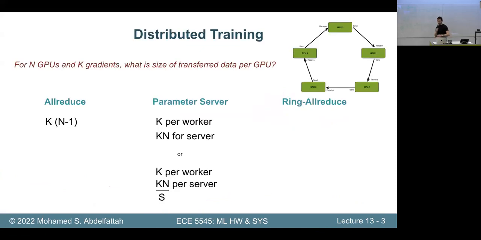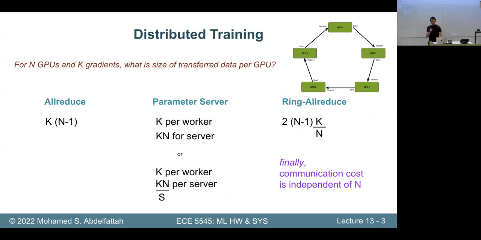Yeah, so that's what we learned last time. We talked about distributed training, and we focused on the communication costs and how we can scale that in a way that's independent of the number of machines, so that we're able to have a lot of GPUs training at the same time without burdening the communication network too much.